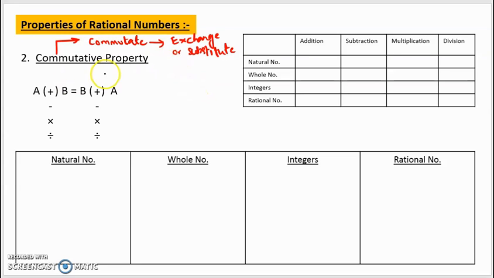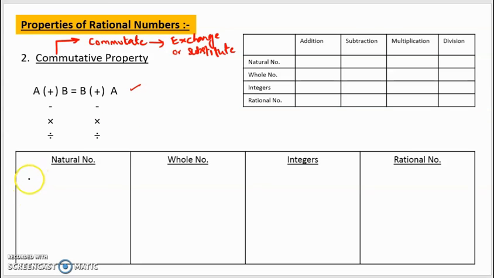So in the commutative property, we take two numbers from any number system and perform the operation, addition, subtraction, multiplication or division, and then we exchange their positions and perform the same operation. If the answer comes the same, then we say that number system follows the commutative property. You will understand better with an example.